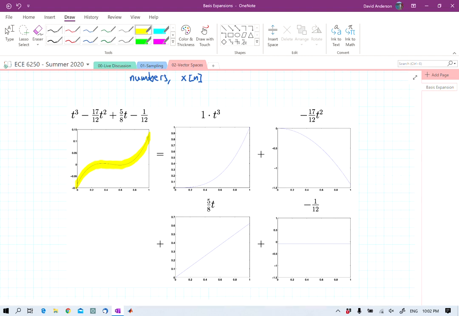Well, we can represent this particular polynomial signal with a list of four numbers. We have the coefficients for each of the powers of t.